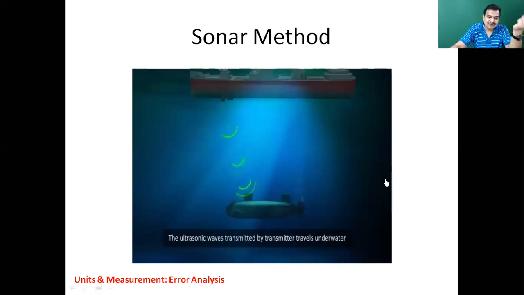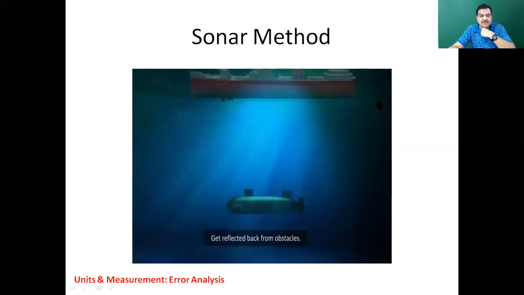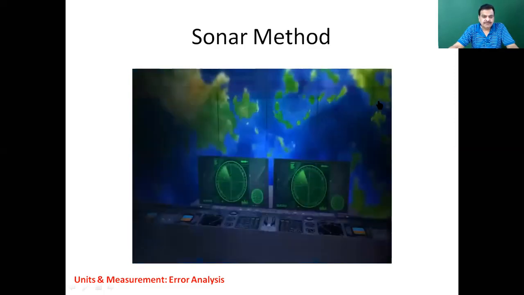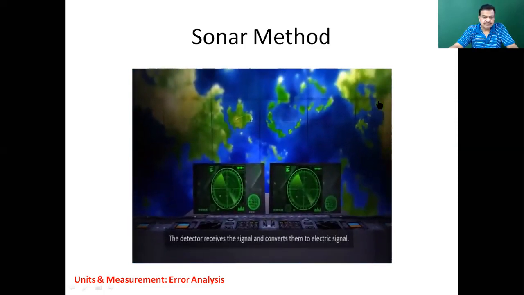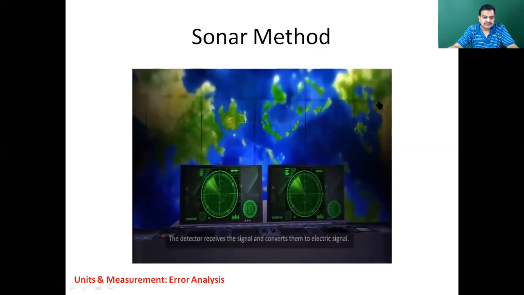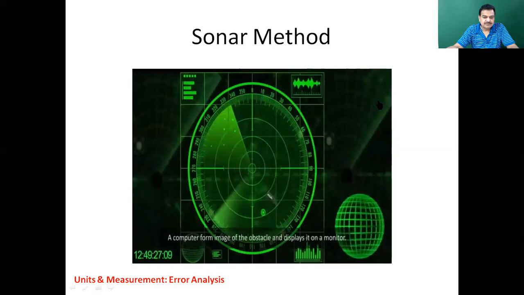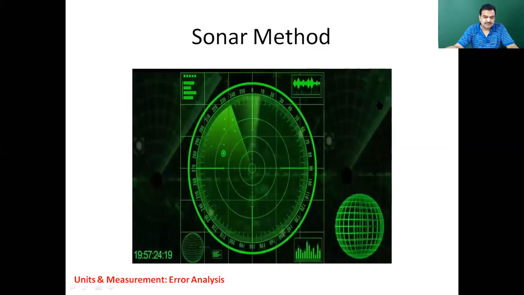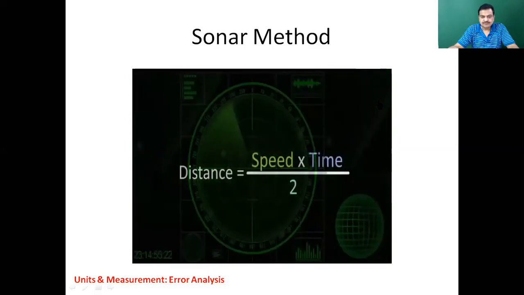Now see how they work. The ultrasonic waves transmitted by the transmitter travel underwater and get reflected back from obstacles. The detector receives the signal and converts it to an electric signal. A computer forms an image of the obstacle and displays it on a monitor. It also calculates the distance of the object using this formula: distance is equal to speed into time upon 2.